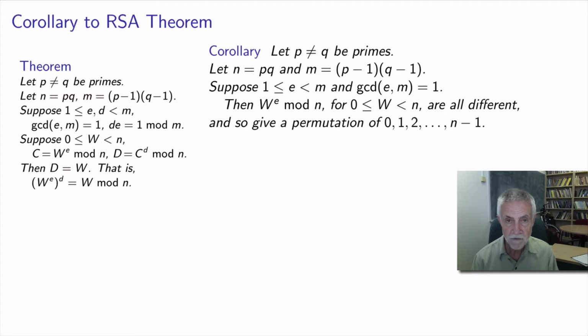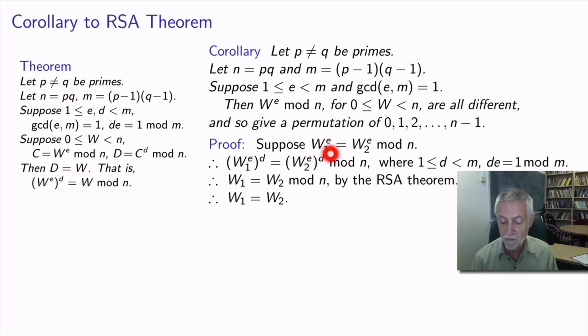So let's go for the proof. Suppose that w1 to the power e and w2 to the power e modulo n are equal. Now we introduce d. We assume that d is bigger than or equal to 1 and less than m, and it's the multiplicative inverse of e modulo m. In other words, it's exactly the same as happened here in the RSA theorem.